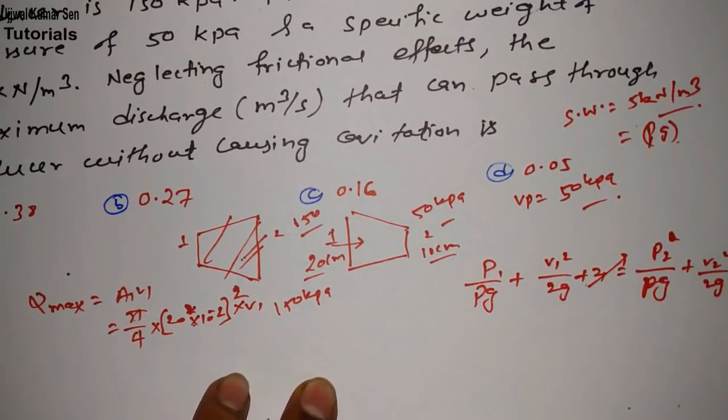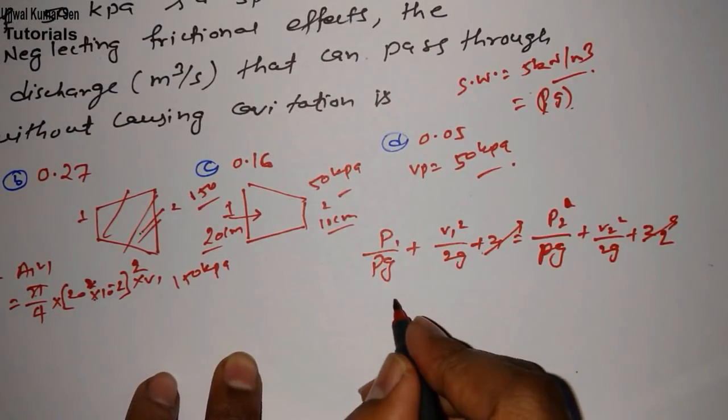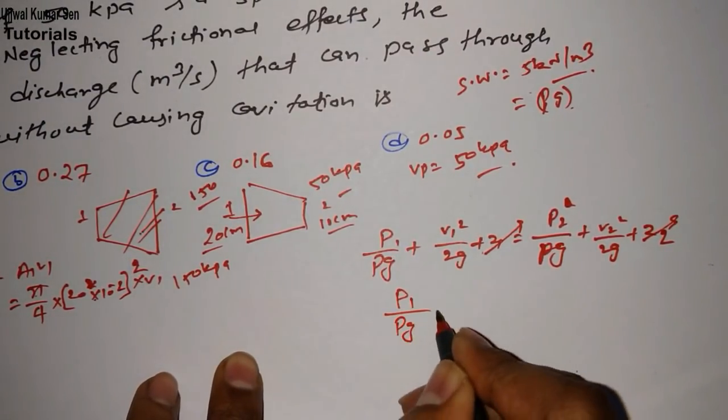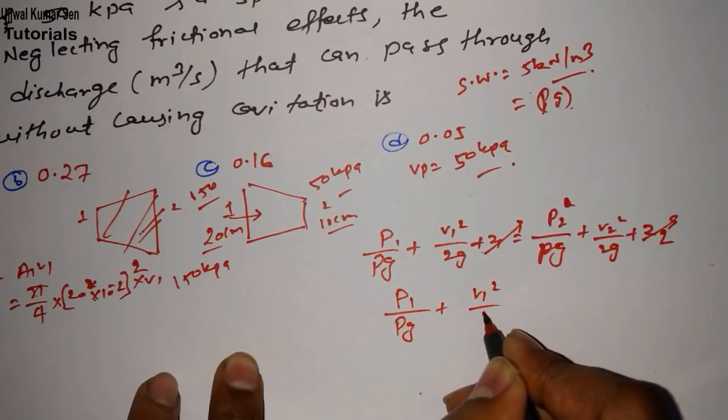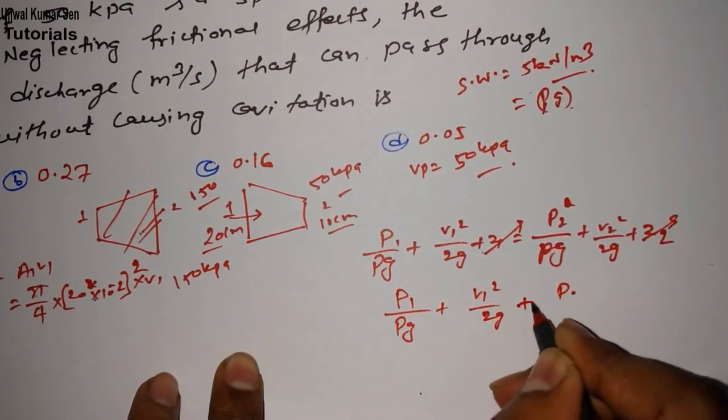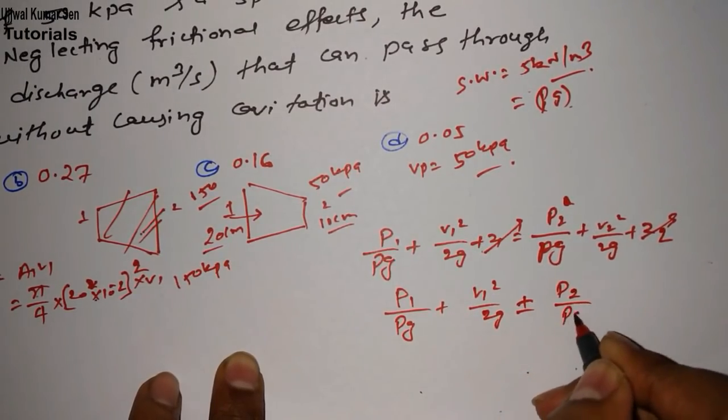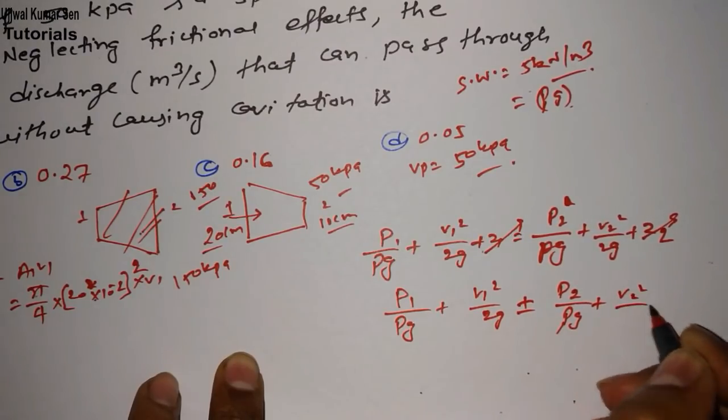Z1 and Z2 get cancelled. What remains is P1 by rho g plus V1 square by 2g equal to P2 by rho g plus V2 square by 2g.